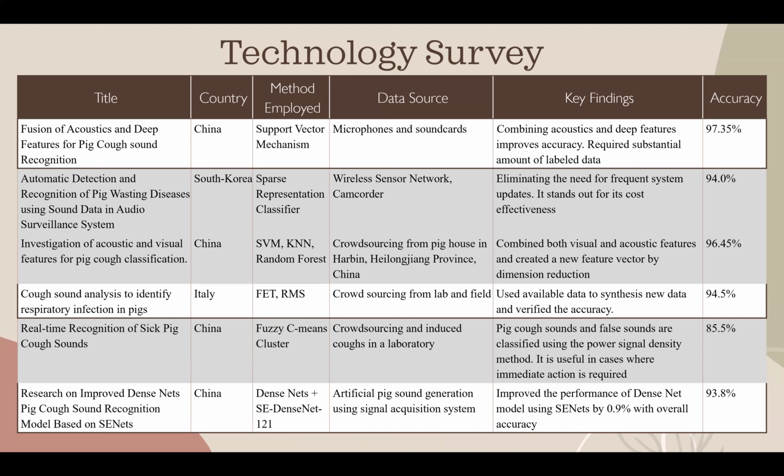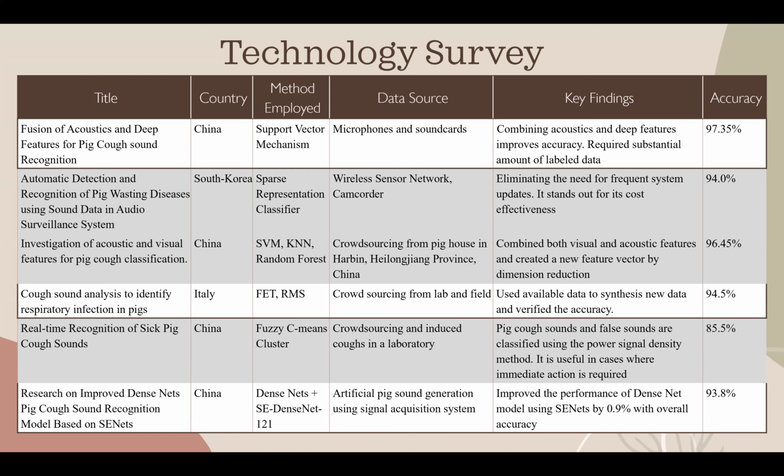They employed a support vector machine, and combining the acoustic and deep features improved the accuracy to 97.35%. There are a couple of other projects in China investigating acoustic and visual features for pig cough classification using support vector machines, KNN, and random forest, which found that combining both visual and acoustic features also improved the accuracy rates.